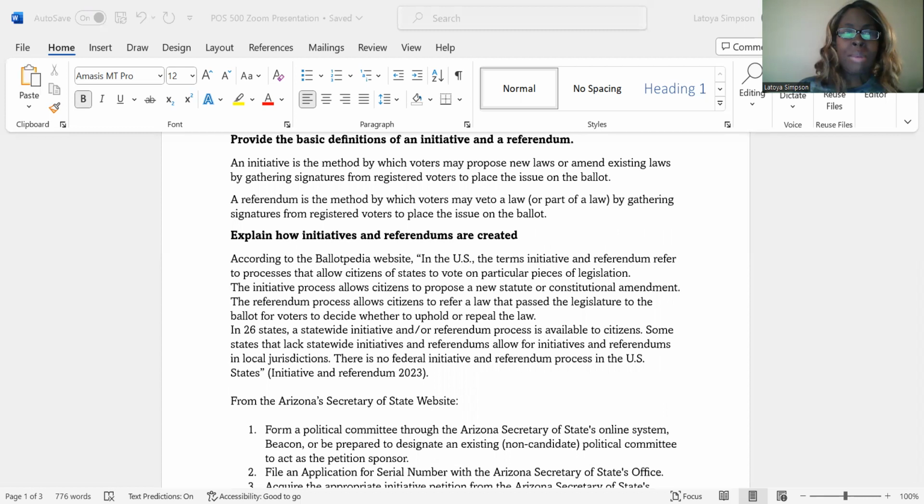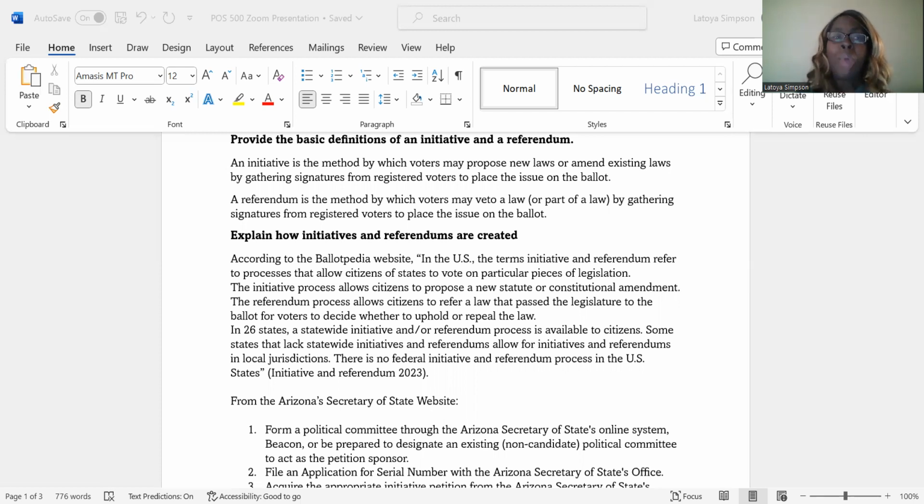And this is a requirement of my POS 500 US and Arizona Constitution for teacher candidates.